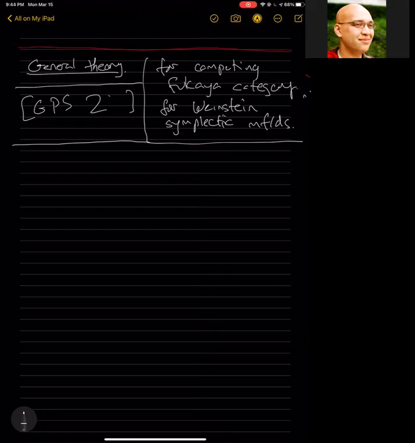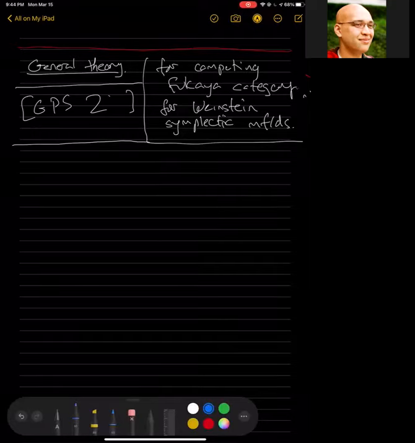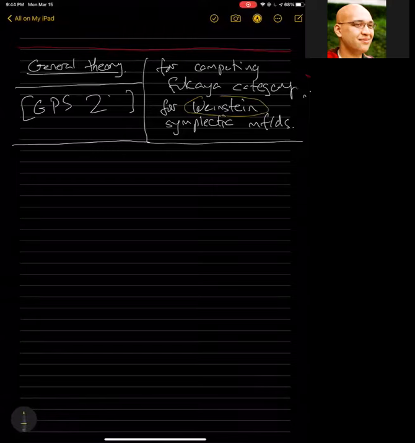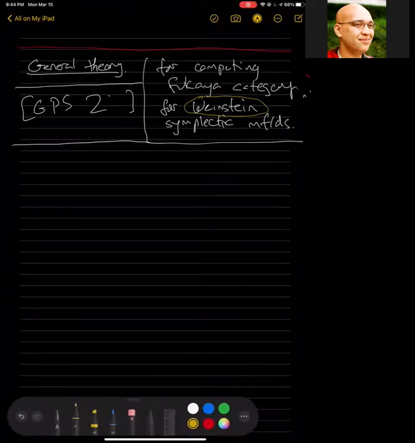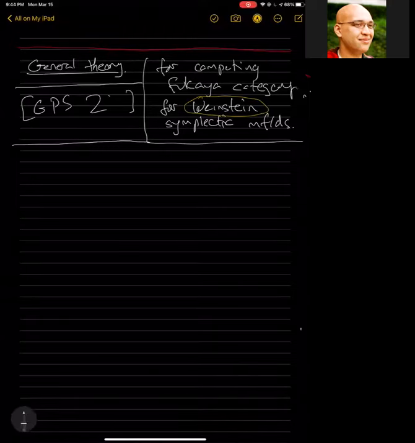So what is this thing? In general, a symplectic manifold is a manifold with a symplectic form. And it's called an exact symplectic manifold if the symplectic form is d of something.